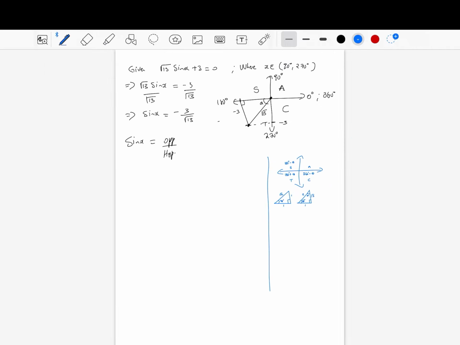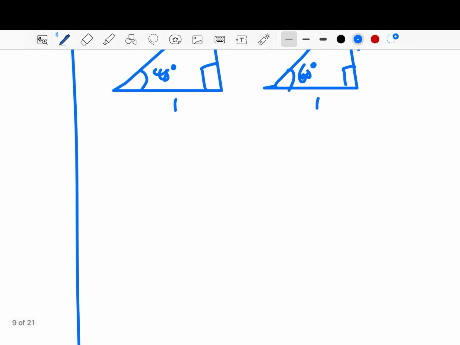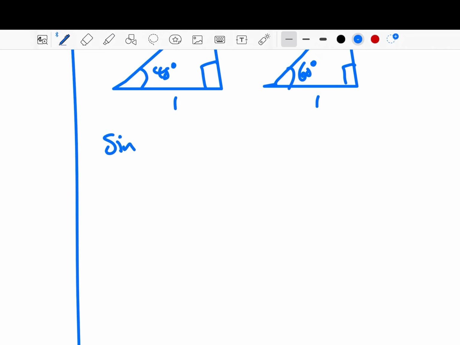Let's also go to some other things that you need to remember. You need to know that if you have sine of 90 degrees plus or minus theta, this will give you a positive cos theta.